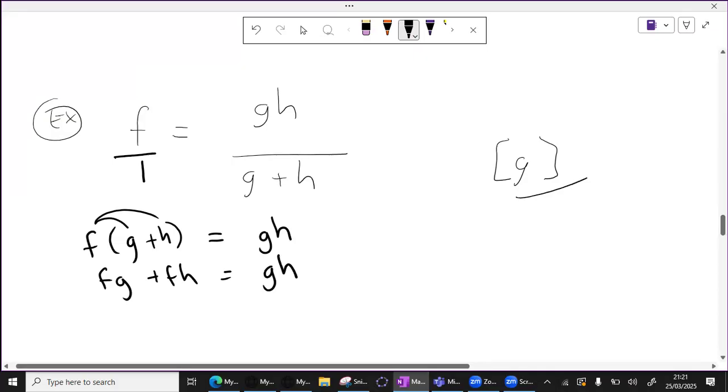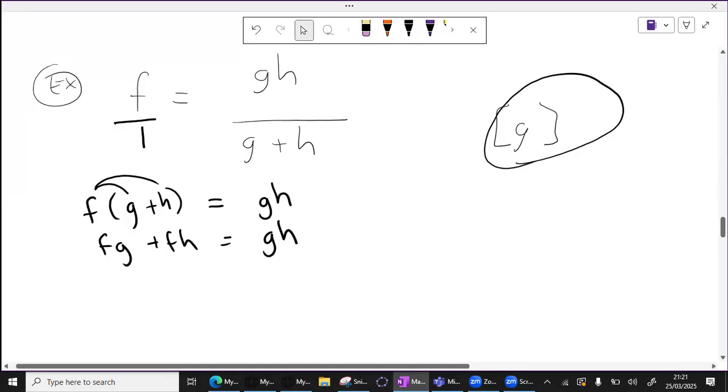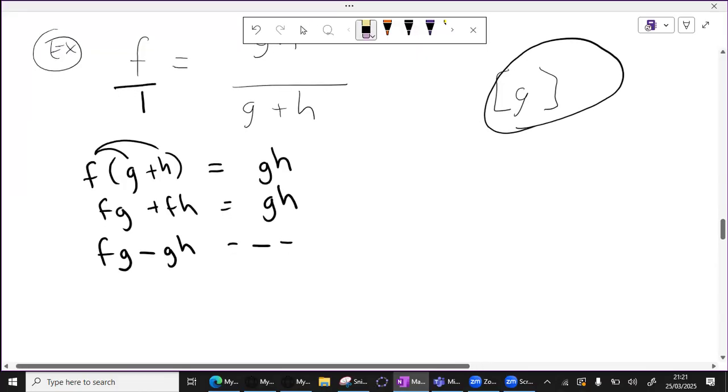Now I'm trying to make G the subject of the formula. So I really need to bring the G's together first. So I'm going to just put them over here, I think, on the left, and I'll move away the FH. Actually, do you know what? It might be easier to do it the other way now that I think about it, because the FH can be kept positive if I do it this way.